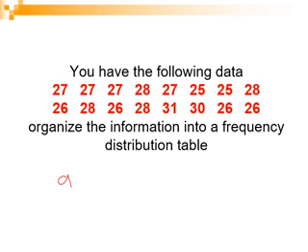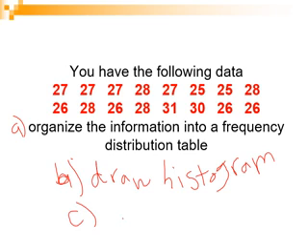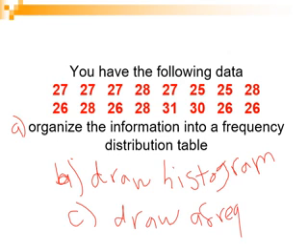This is A. B: draw a histogram. C: draw a frequency polygon. Sorry for this. Polygon.